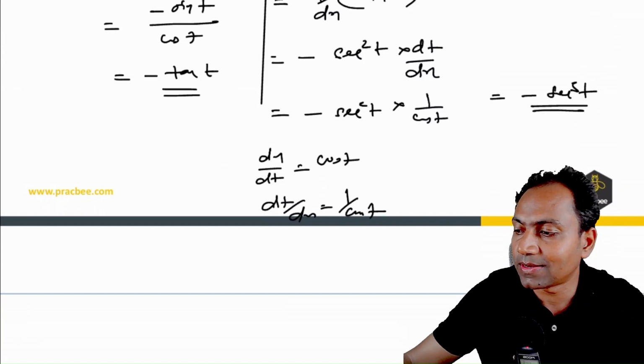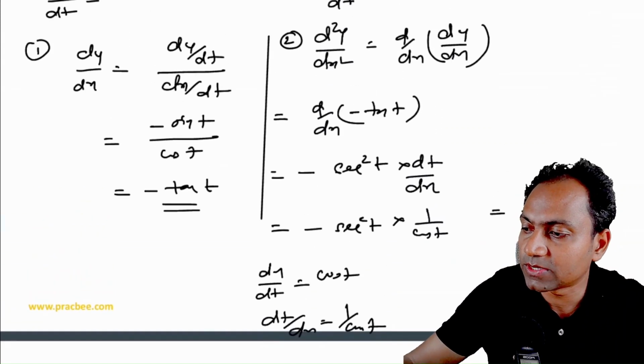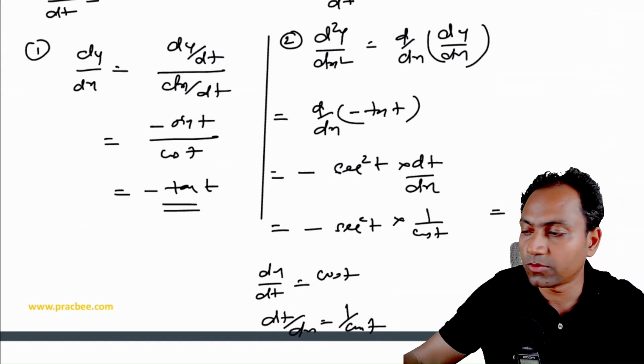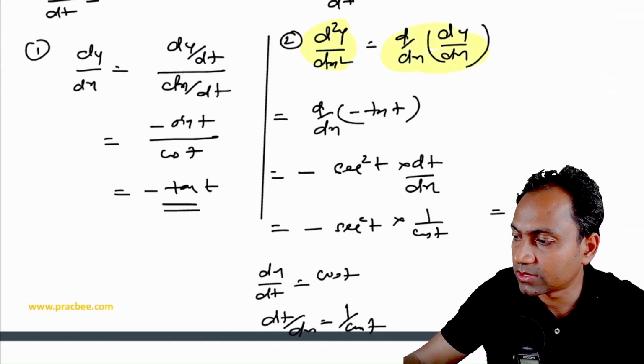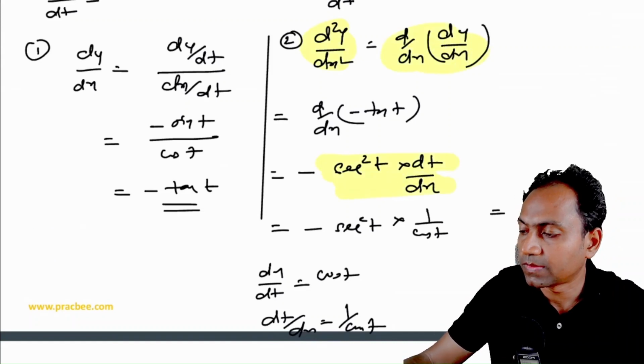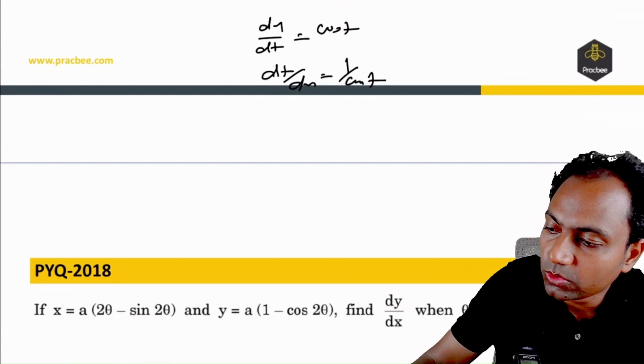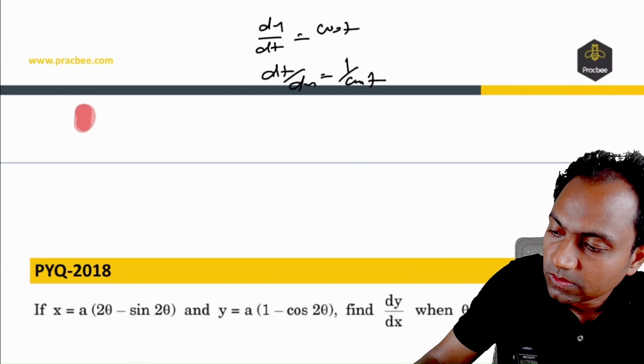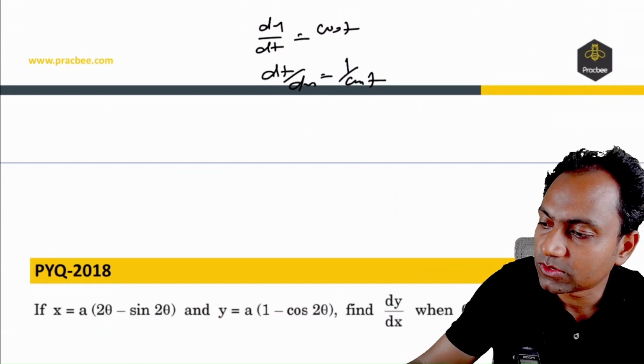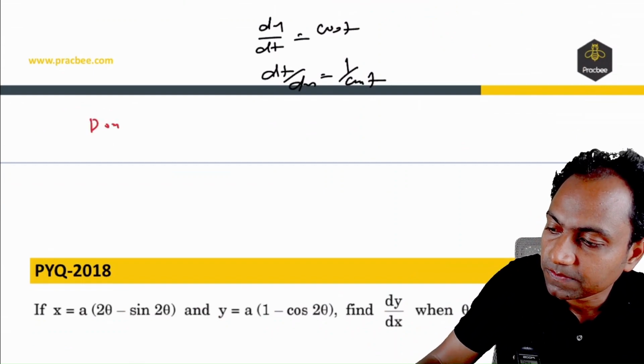So you can see that we have to follow this specific procedure in order to get the value of d2y by dx2. And dt by dx will come here. See what we cannot do, and this is very important, don't do this. Sometimes in order to get the answer, students will do weird things.